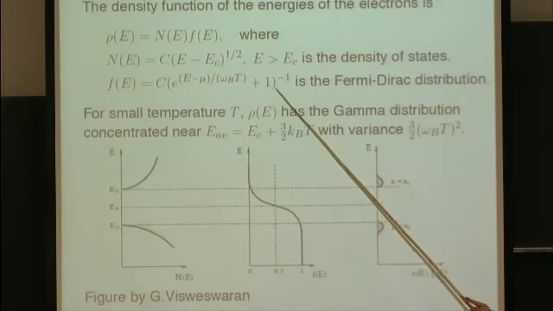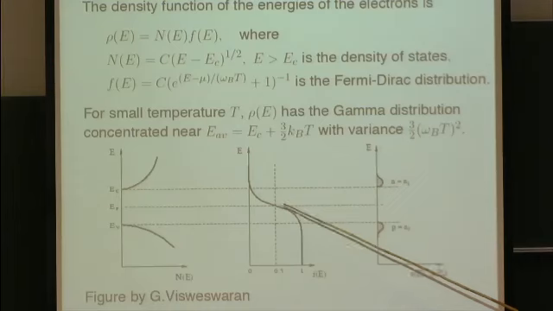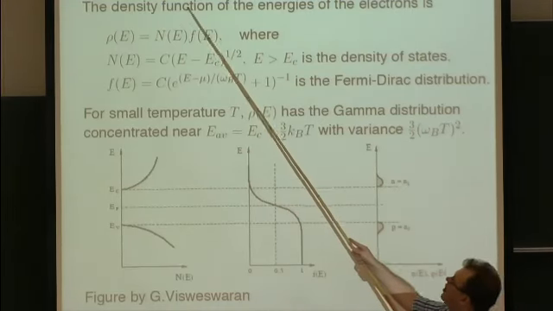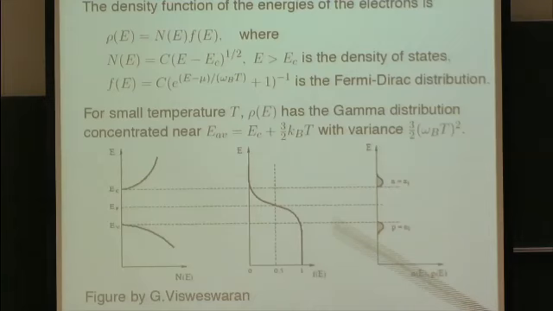That is here. It looks like this. So when the temperature T is small, this is basically an exponential function. So this means that this density function of energies obeys very closely the gamma distribution. And the gamma distribution has variance that is proportional to temperature to the second power.